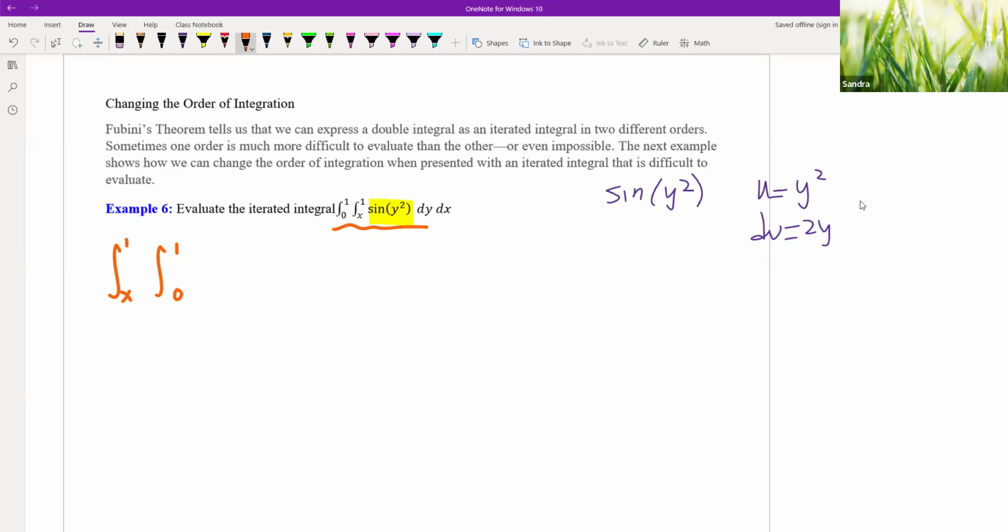Is it possible for us to have that one on the outside? Let me see. If we do that change, will it affect the integral? And we cannot really switch it the way I have it. The reason why I cannot switch it the way I have it is because I will have this letter x on the outside integral.